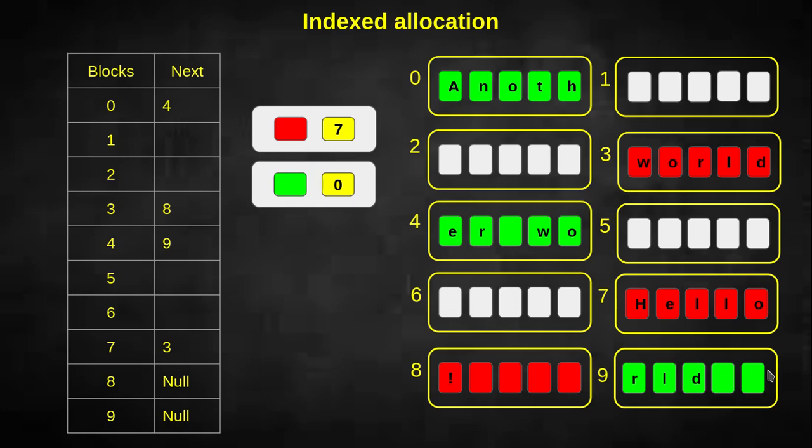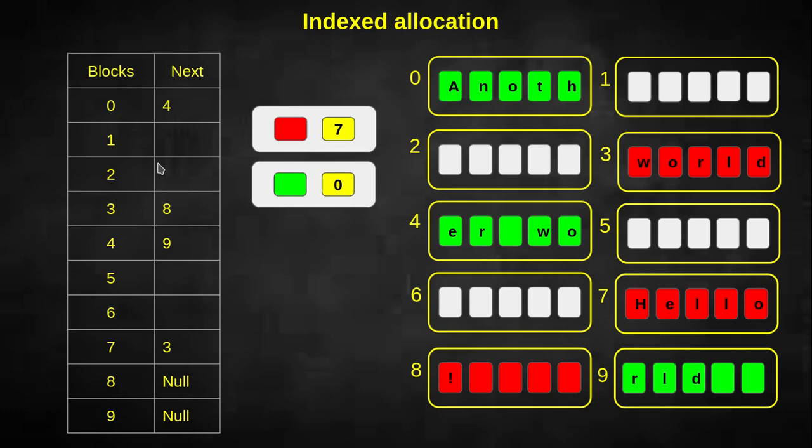We get the data here. Then we ask, what comes next after 9? Our index tells us it's null, so we know we've come to the end of the file. This is beneficial because getting your various file blocks has constant time complexity. It's just like the hash map: everything is at a constant time rate for retrieval of the various blocks.